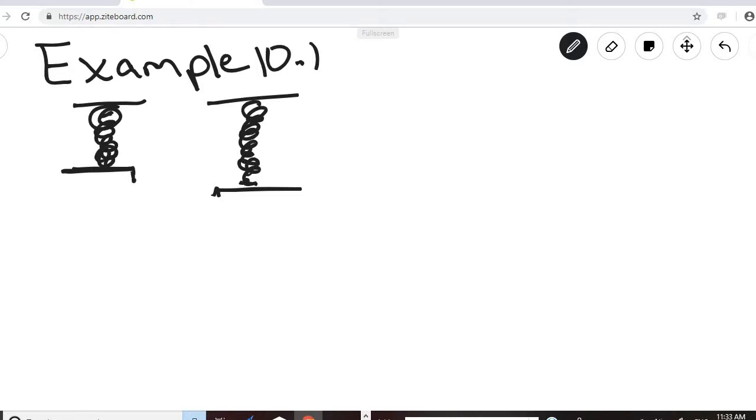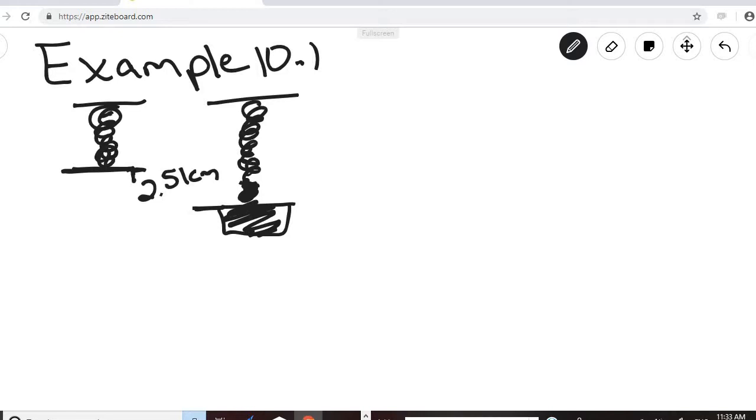So let me make this a little more apparent. When we hang a weight onto here, the displacement, the distance between here and here, is 2.51 centimeters.